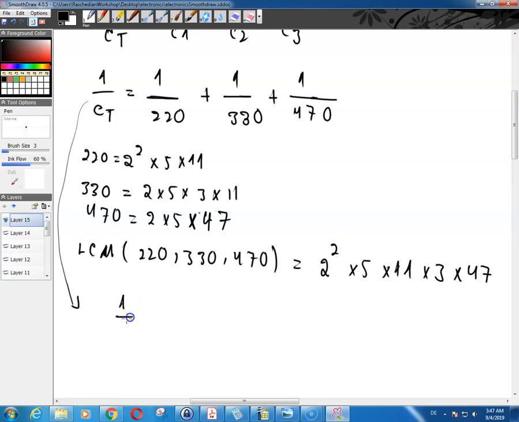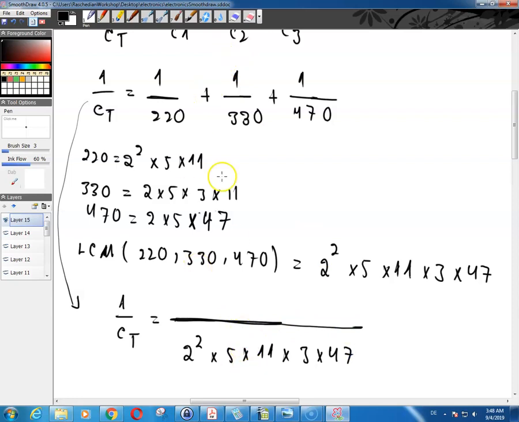So I write this fraction: 1 over C of t is equal to all of these numbers, 2 raised to the power 2 into 5 into 11 into 3 into 47, and then you can divide here.